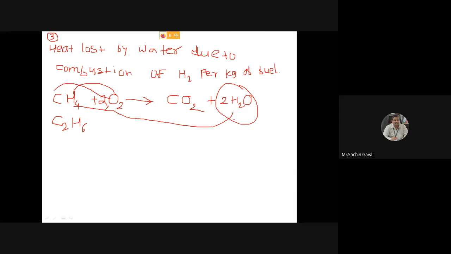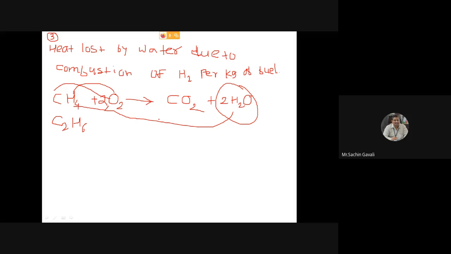Hydrogen present in the fuel reacts with oxygen during combustion and is converted into water.